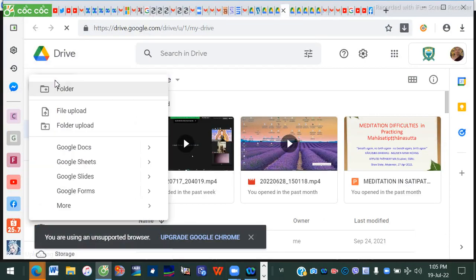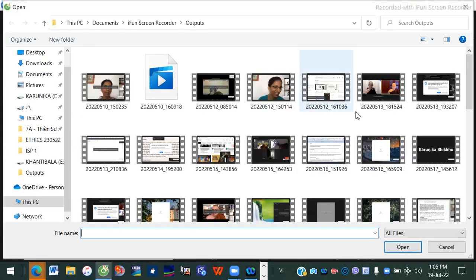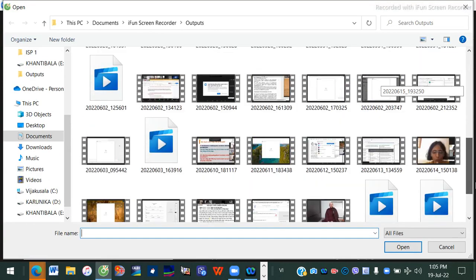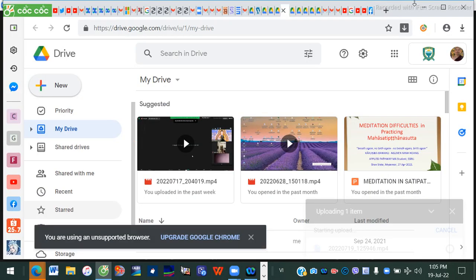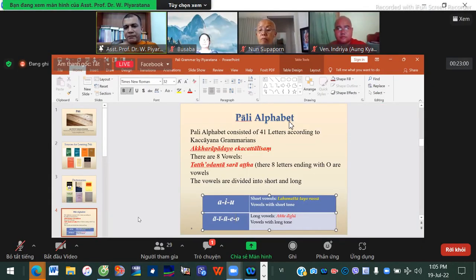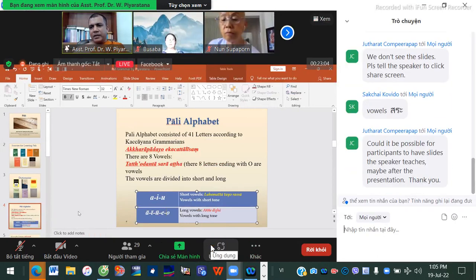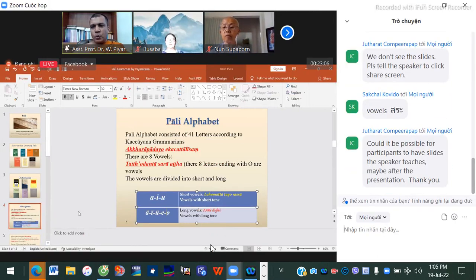Try to repeat or pronounce these vowels: a, ā, i, ī, u, ū, e, o. Remember that E is always pronounced as a long vowel.